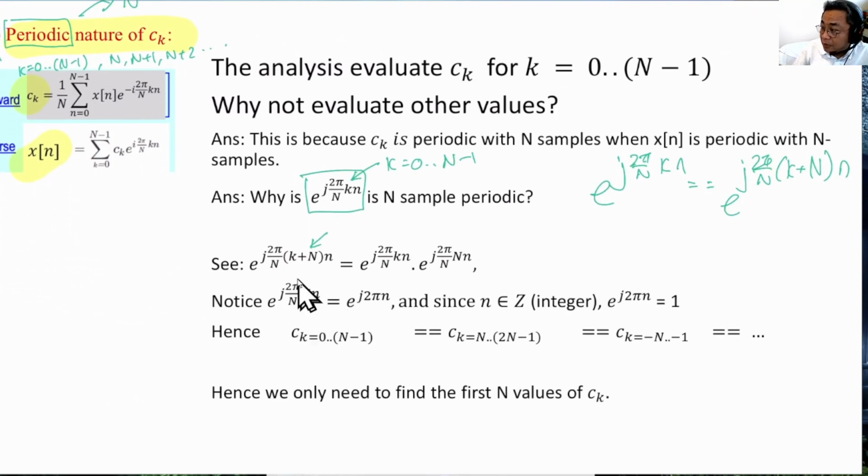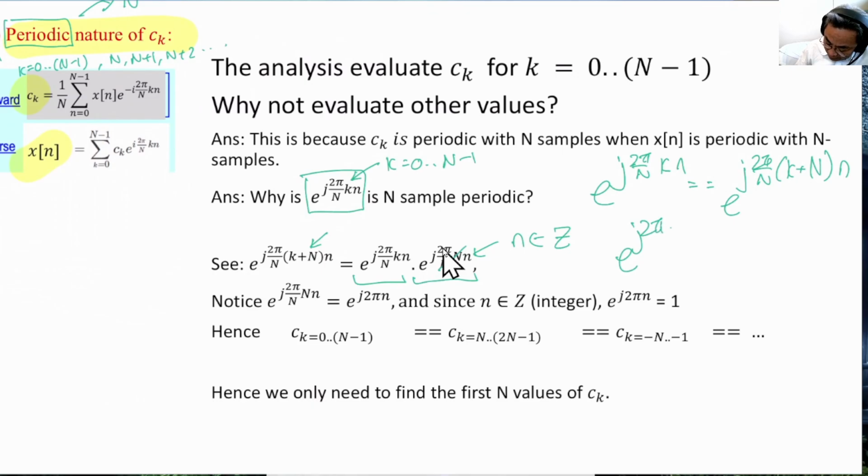So we'll drop the capital N here, and we'll now split this complex exponential into two terms, the first one and the second one, and you will realize that N cancels and small n is an integer, and if small n is an integer, it means that it will be e^(j times 2 pi times any integer).